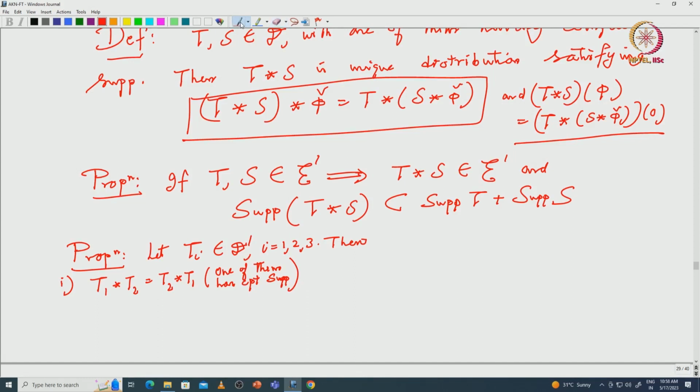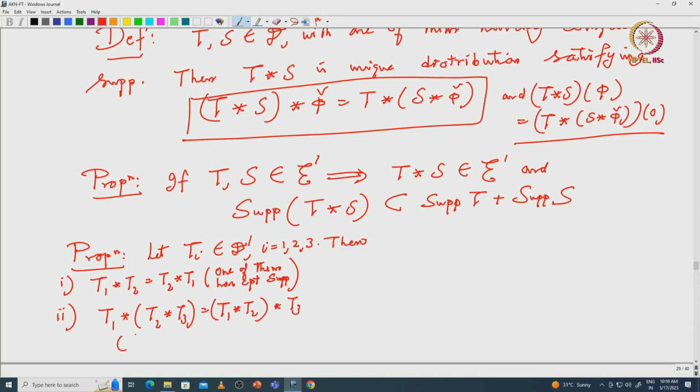And 2, T1 star, so you have your formula, in fact we are defining it like that, right. T2 star. So, you have the associative law, T3 is equal to T1 star T2 star T3.